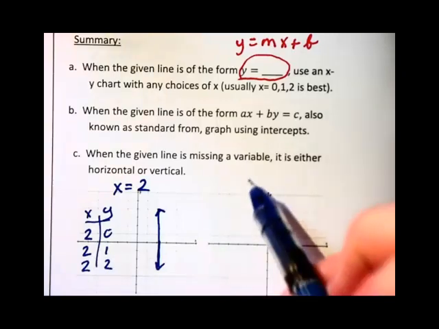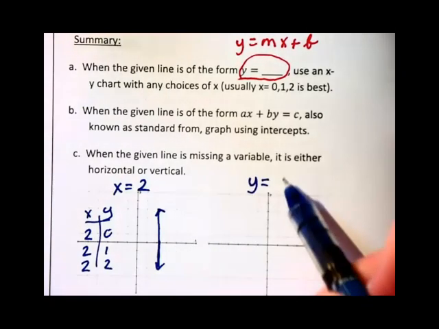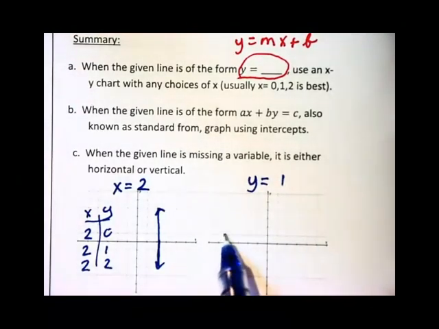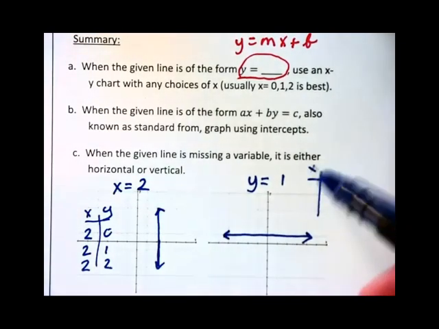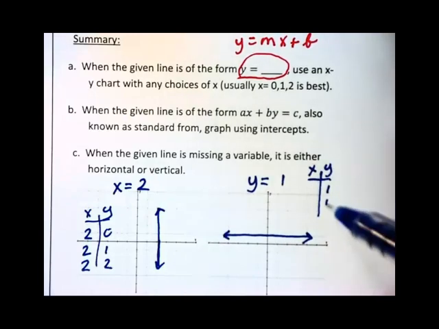When you have a y equals, such as y equals 1, that will be a horizontal line with a y-intercept of 1, and you could say, if you wanted, the rule is always y is 1 no matter what x is.